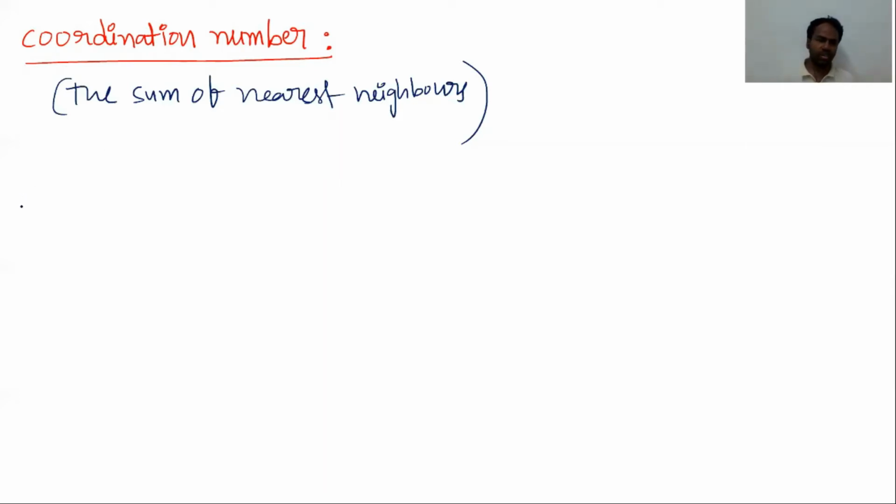First one is PC, the simple cubic or primitive cubic unit cell. How can we calculate the coordination number for PC? Let us first draw the primitive cubic unit cell here.